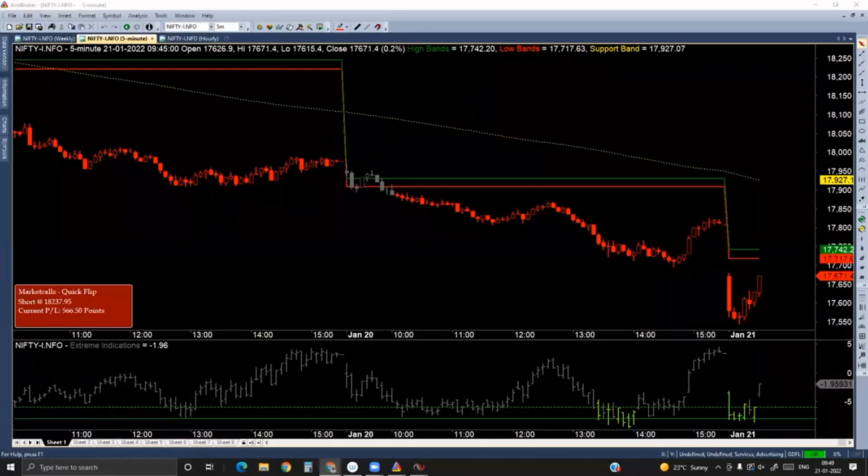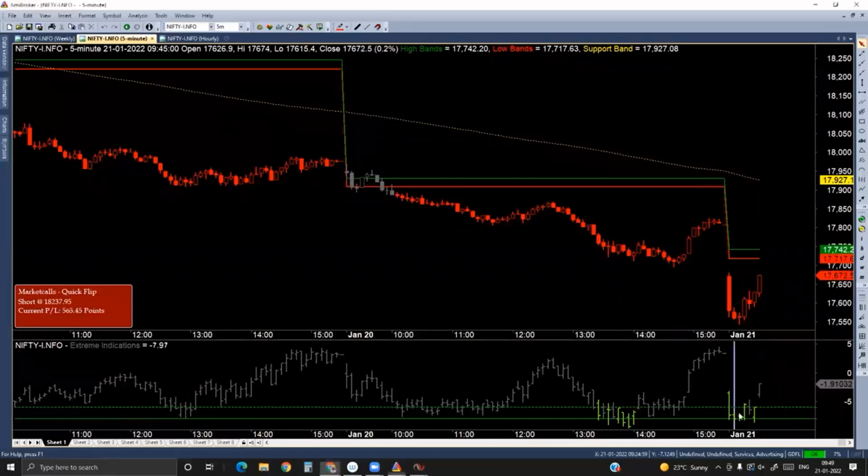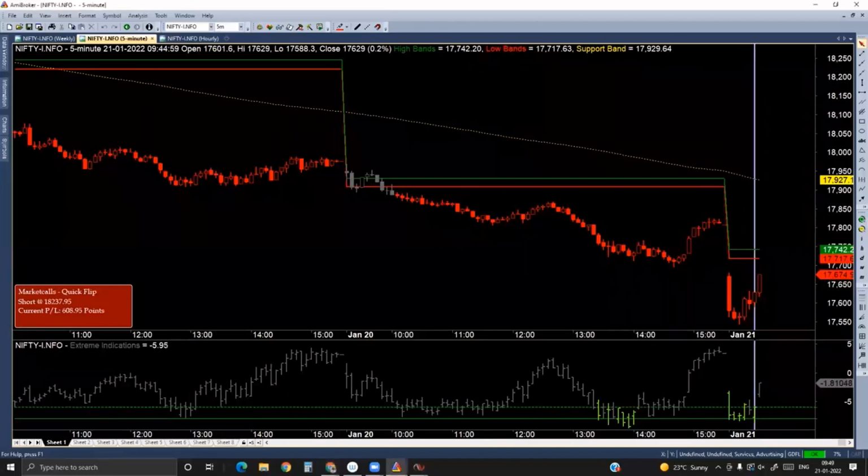17,700 call option, I prefer to buy it. So yeah, I'm just stepping into longs here. And here is again, it's out of exhaustion. That is something very important.